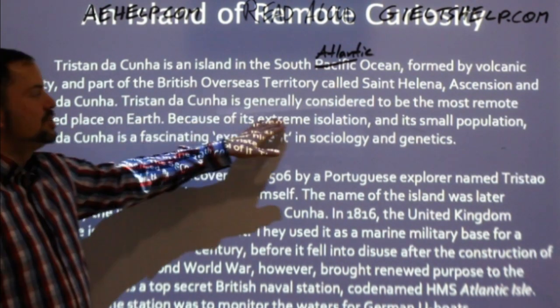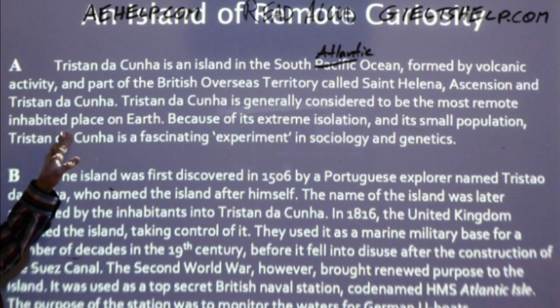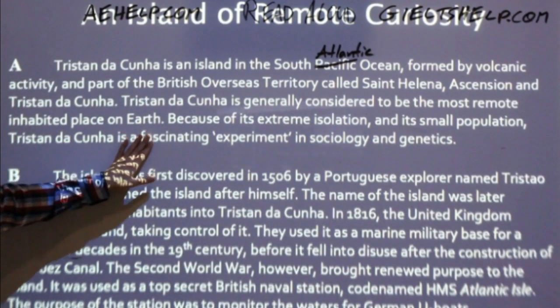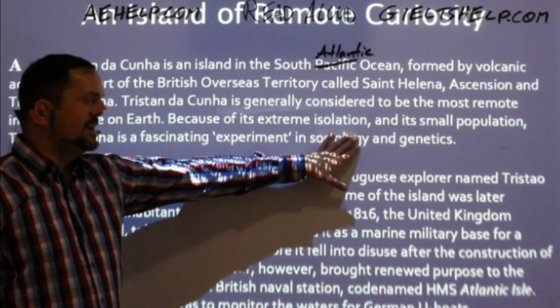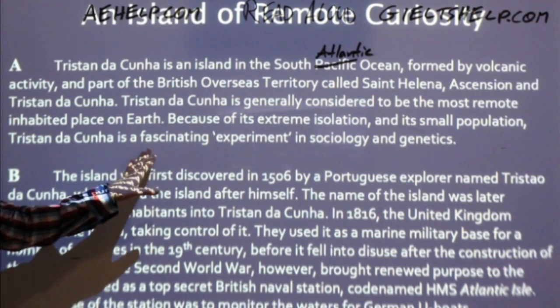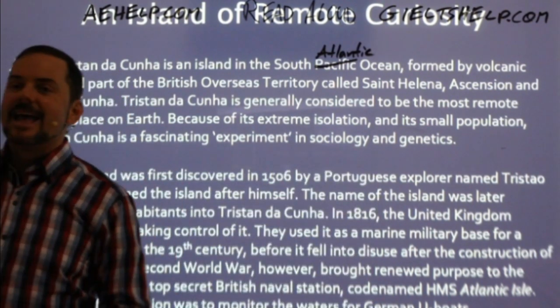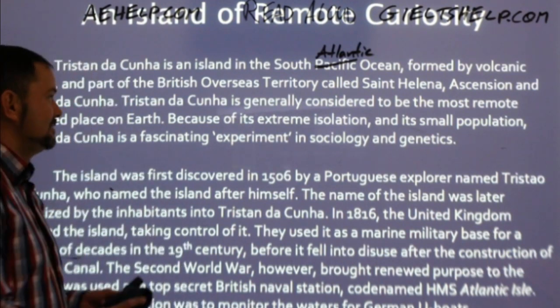Tristan da Cunha is generally considered to be the most remotely inhabited place on Earth. Because of its extreme isolation and its small population, Tristan da Cunha is a fascinating experiment in sociology and genetics.